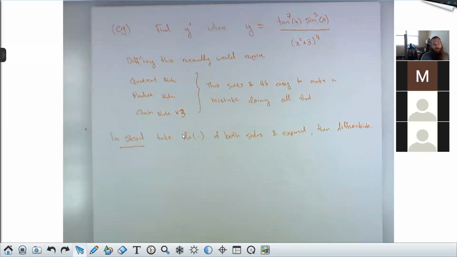So the miracle of the logarithm function is that it has all these really cool algebra properties. So if I take the log on both sides, I can use the algebra properties of the log to expand this expression. Once I've expanded this as far as I can, each of the little pieces will be much easier to differentiate. So that's going to be the move.